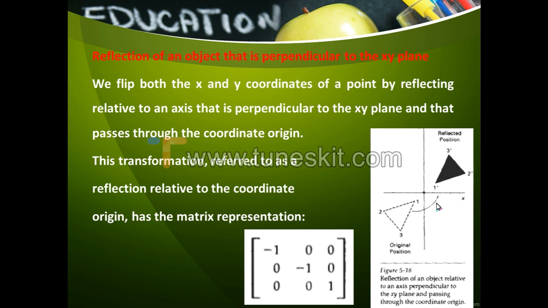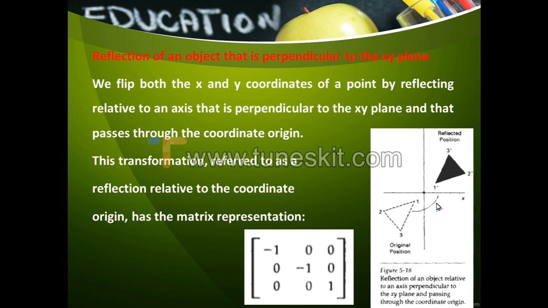In this case, we flip both the x and y coordinates of each and every vertex of a point by reflecting about an axis that is perpendicular to the xy plane and passes through the coordinate origin.